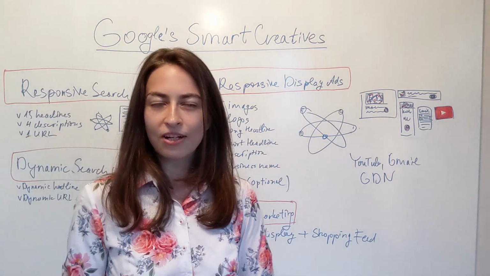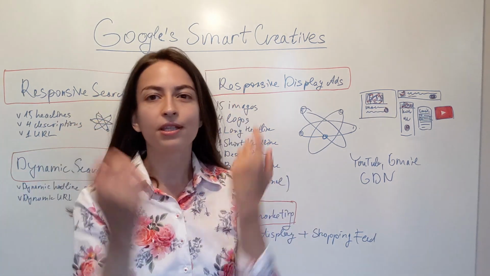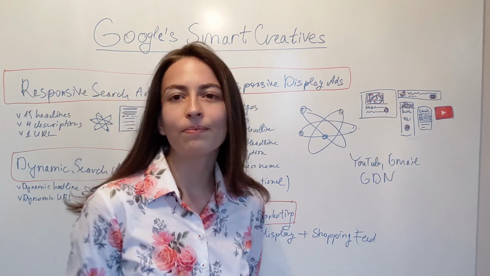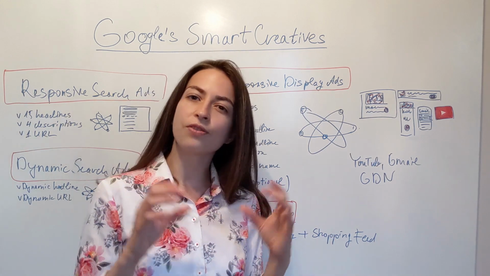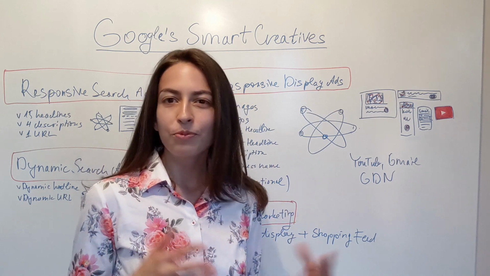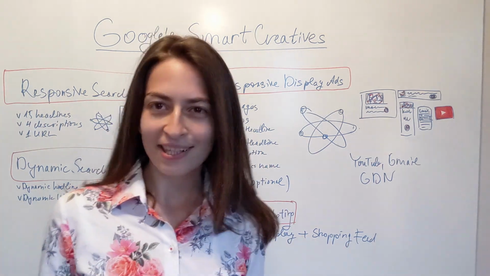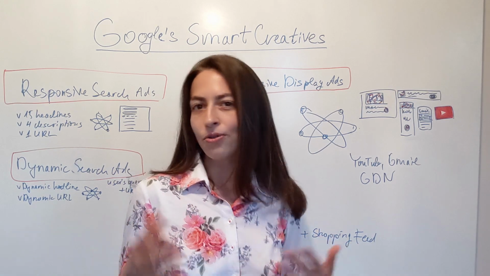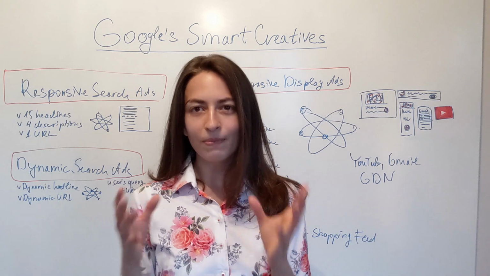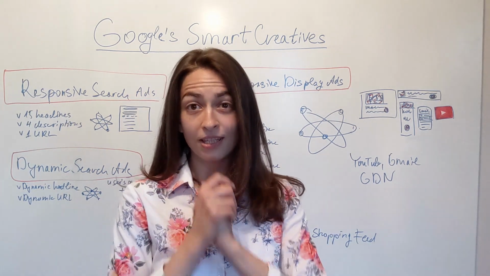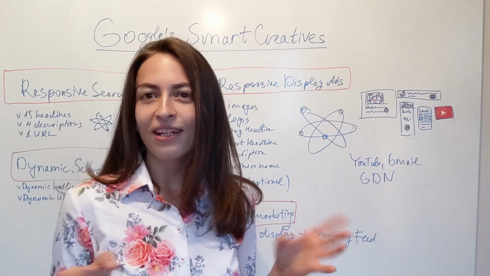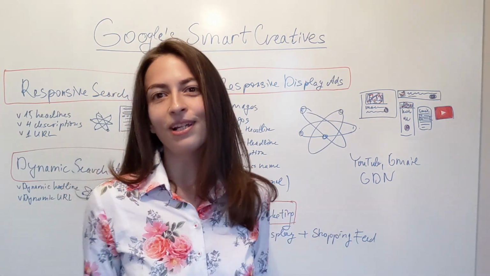So with display, actually the sizes turn out to be a big obstacle for advertisers' reach, as if you want to run a display campaign, you have to create an ad for each of the sizes that are available on websites. So these are up to maybe 200 different sizes just in the UK, and usually advertisers will run 5 to 10. So you see that they were missing out on a lot of opportunities for their ads to appear on other websites, simply because they didn't have the right size of creative, which is really annoying.